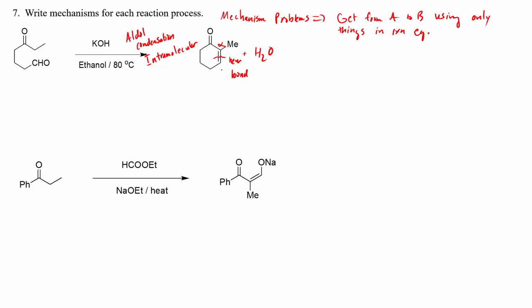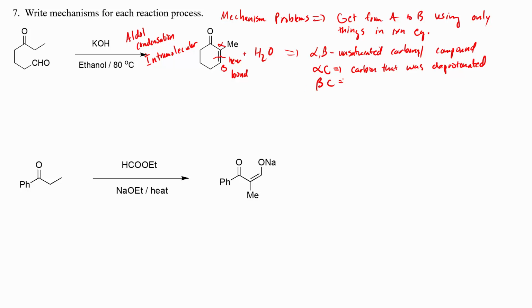Okay, the product of an aldol condensation is an alpha-beta unsaturated carbonyl. What does this mean? Generally, in the aldol condensation, the alpha carbon is the carbon that was deprotonated.